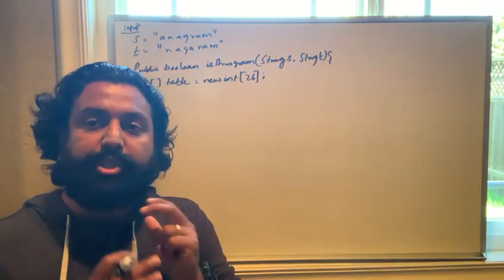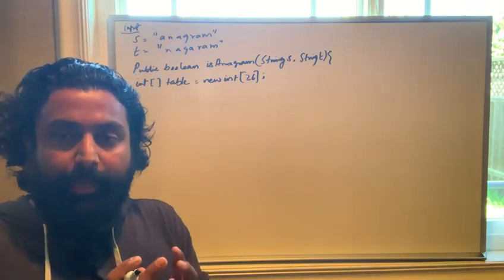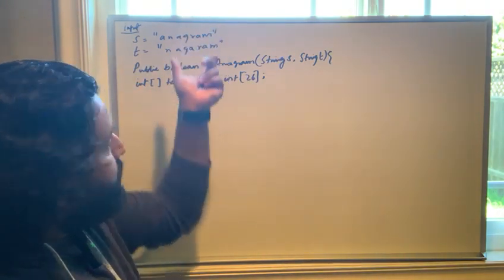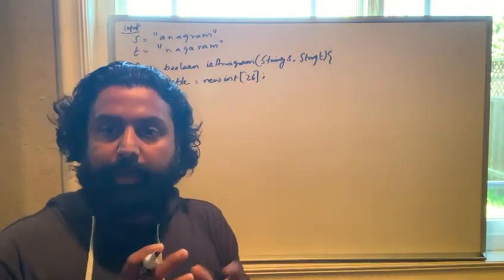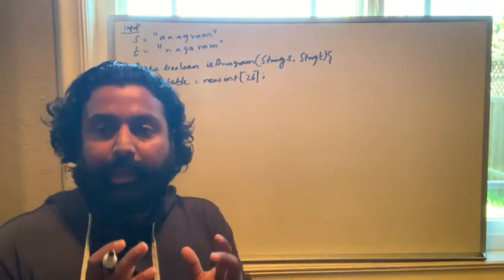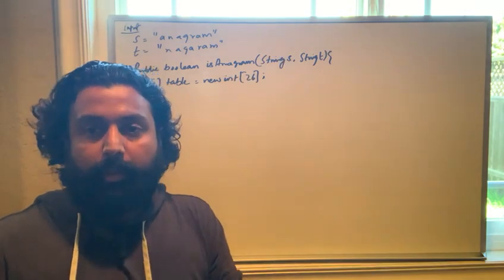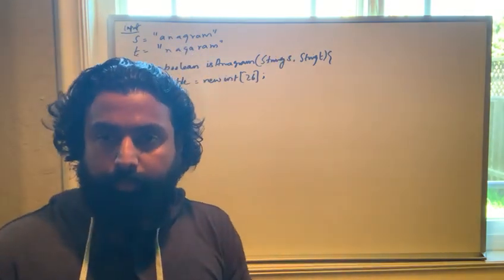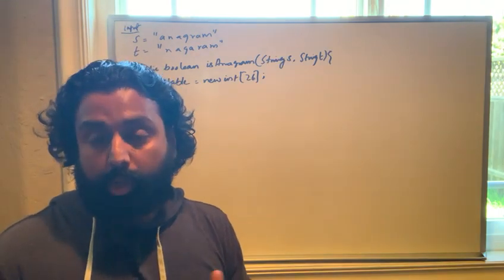And when it becomes exactly 0, that means the frequencies of the letters in S and T match, and it's a valid anagram. If they don't match, if for some letter it goes below 0, that means we have a problem. It is not a valid anagram.